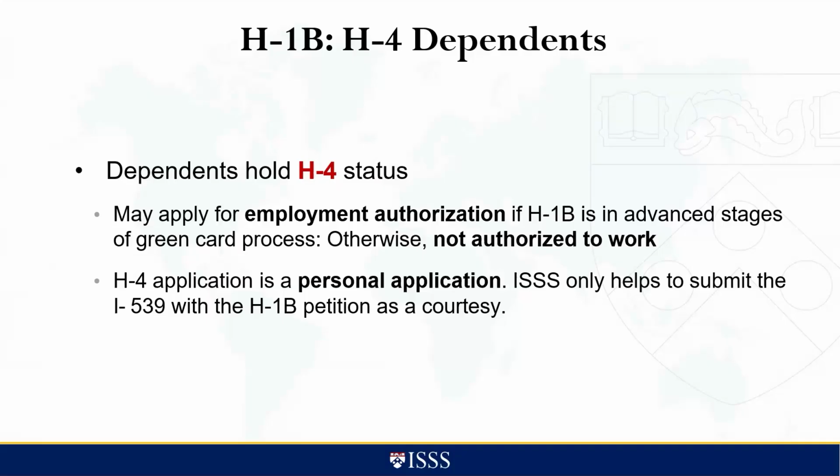All of these applications are independent. It's theirs. It's not sponsored by Penn, so we can help submit all that documentation along with the H-1B petition as a courtesy, but we are not permitted to review it or advise on it in any way, despite many requests for that.